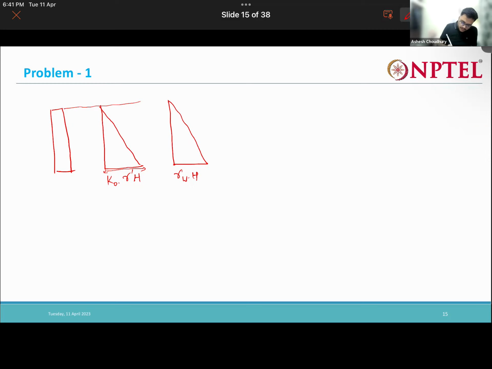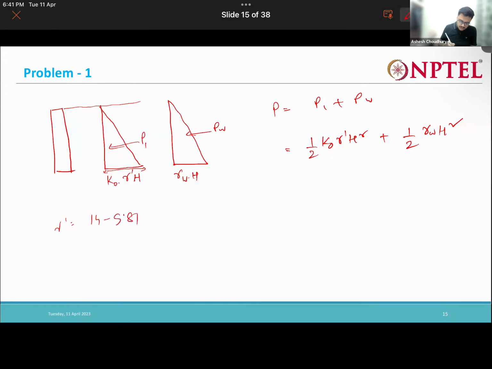So this will be P1 and this will be PW. So P will be P1 plus PW. P1 is half K naught gamma submerged H square, plus half gamma W H square.